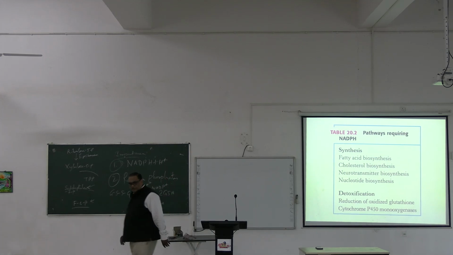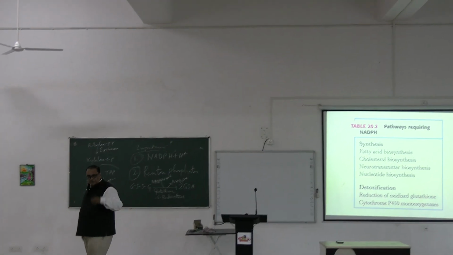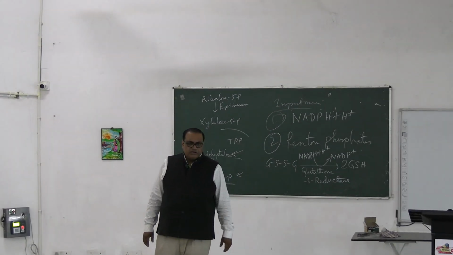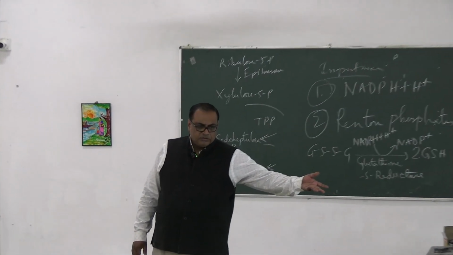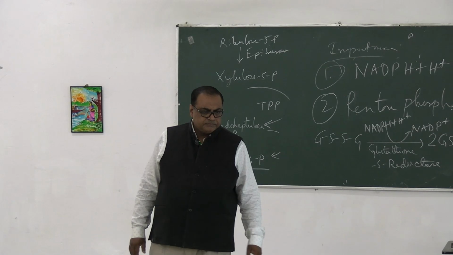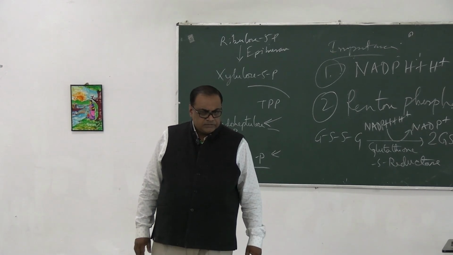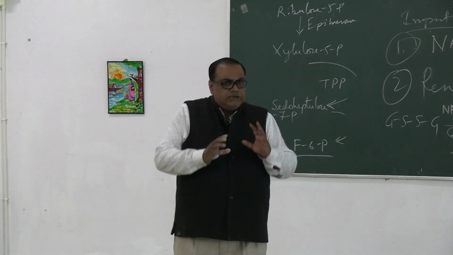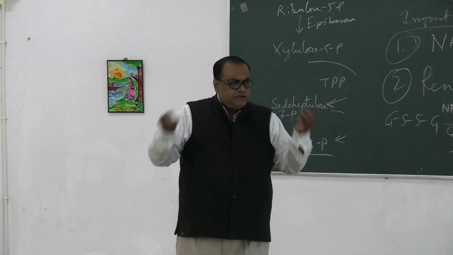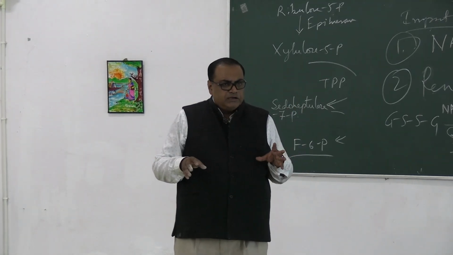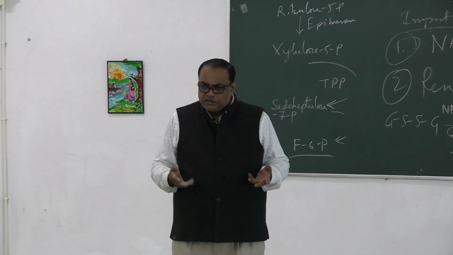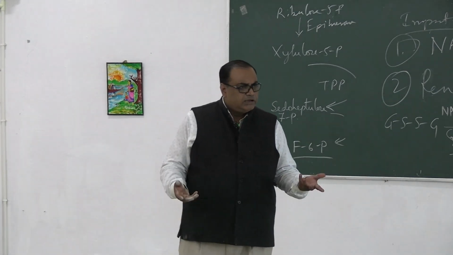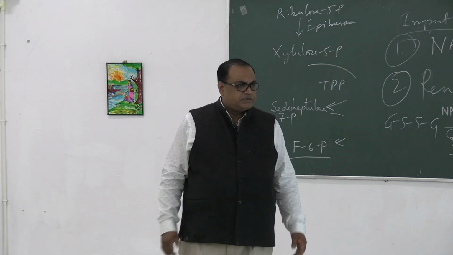See, I told you there are certain drugs which consume NADPH more. So the person suffering from G6PD deficiency will succumb to hemolysis. Correct? Why? Because he is deficient, he is producing less NADPH, and suddenly you gave a drug which requires NADPH for detoxification. So it will utilize all the NADPH in the body, and the cell will die due to absence of NADPH.